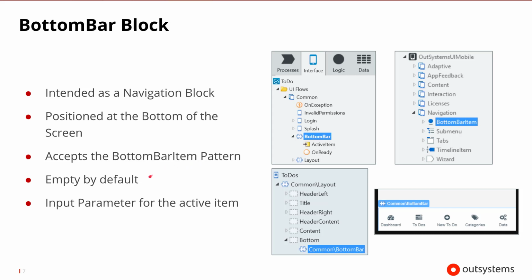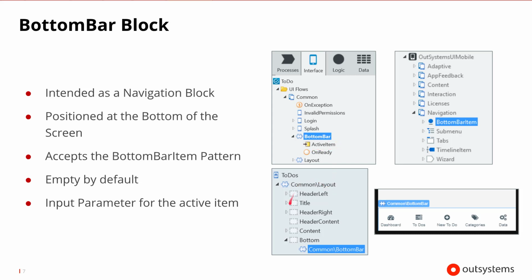By default, the bottom bar block is empty. It doesn't have anything inside of it. But it does have an input parameter so that if we add bottom bar items, it will tell it which of the items is the active item at that time. So here you can see that the bottom bar takes an input of the active item.